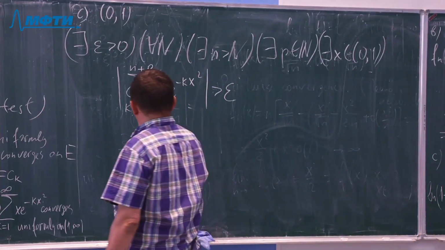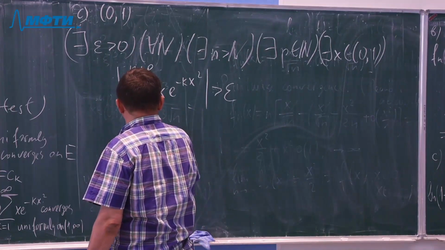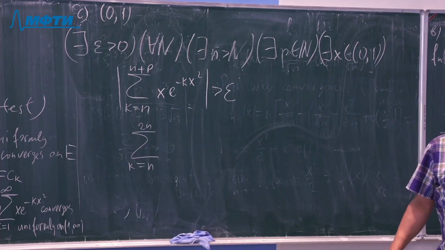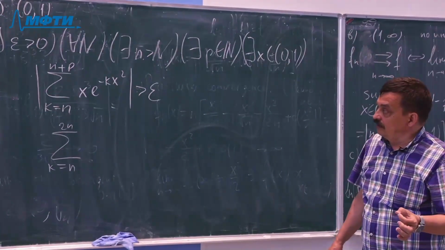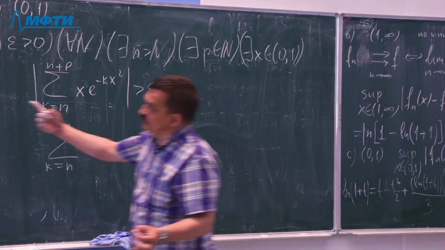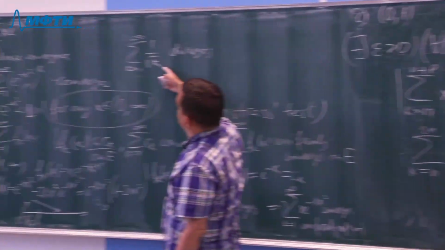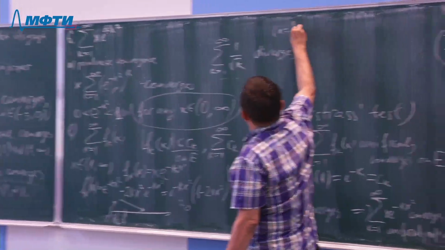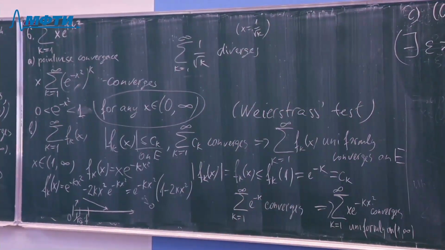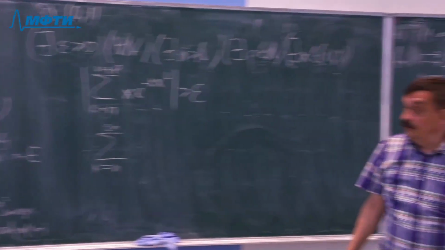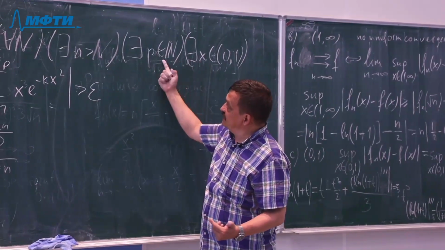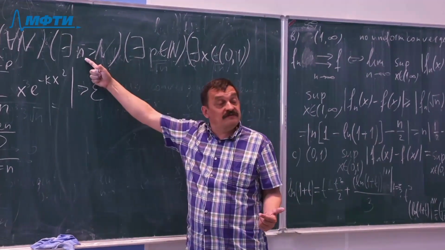So we consider k from n up to 2n, and then we need to choose x. Okay, as before. So you see here how it appears. We took x equal to 1 over square root of k, but it doesn't help. But here, look, we fix x together with fixing n.